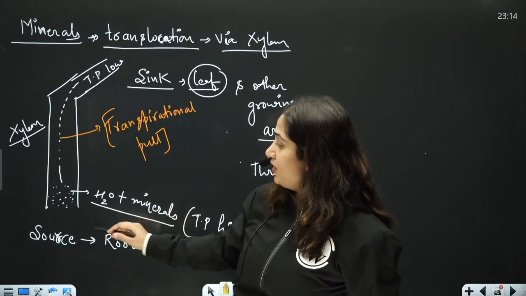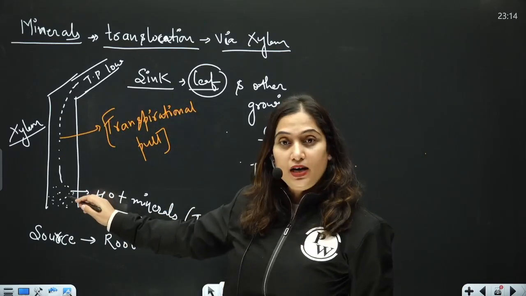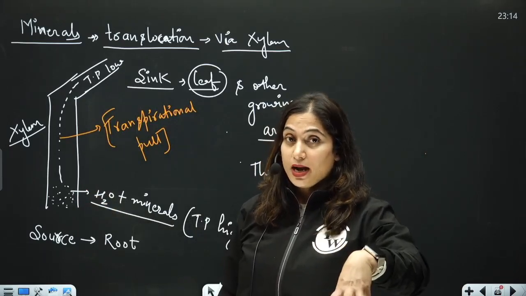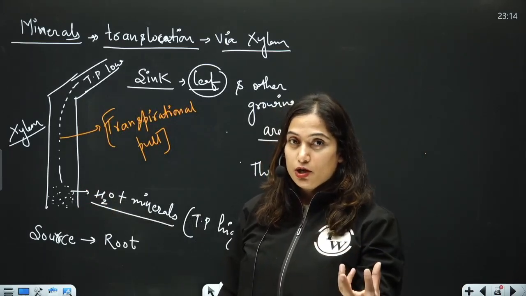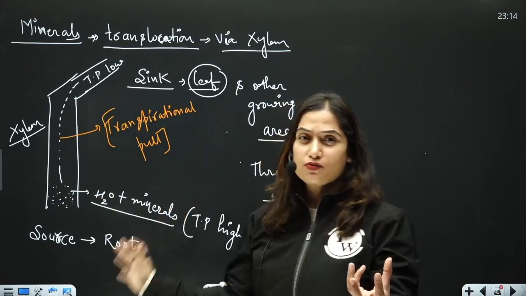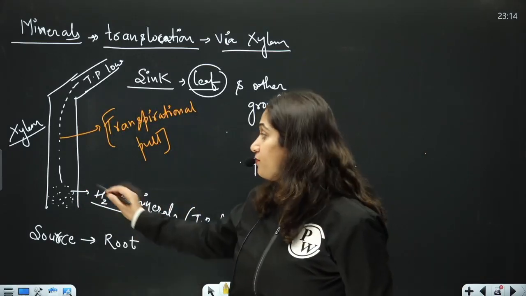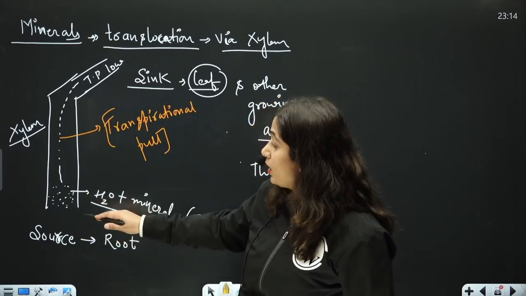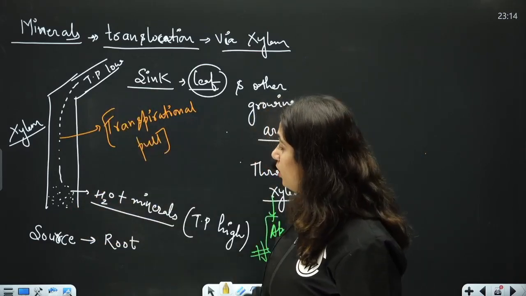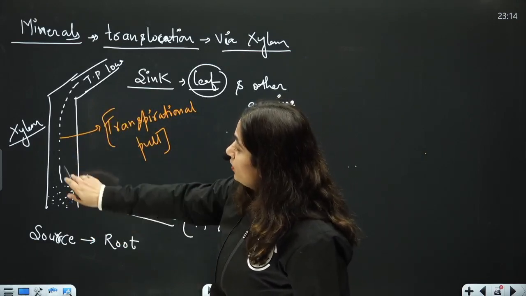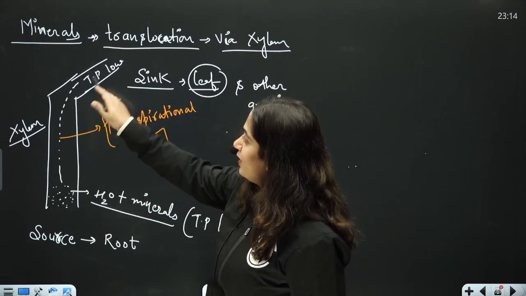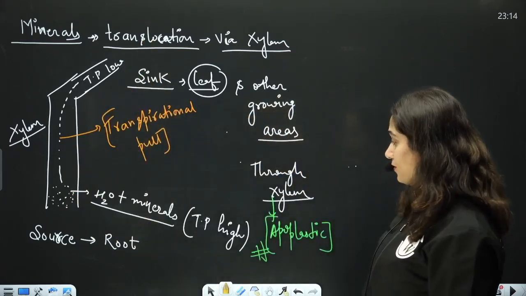Obviously, minerals get filled up in the xylem. Because of that, the water potential of xylem gets reduced and the water from the soil gets filled up into the xylem. So there is a mixture of water and minerals in the xylem, and with the help of transpirational pull, this mixture of water and minerals is translocated towards different parts of the plant, right?